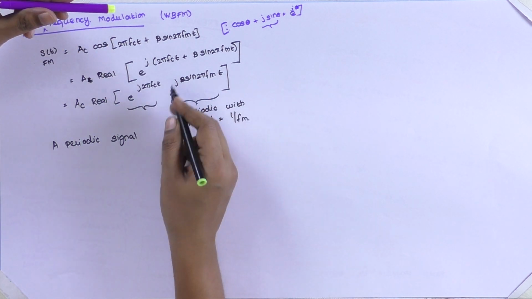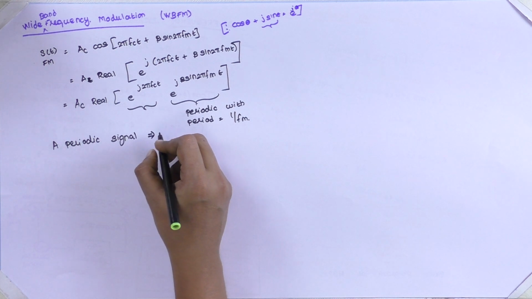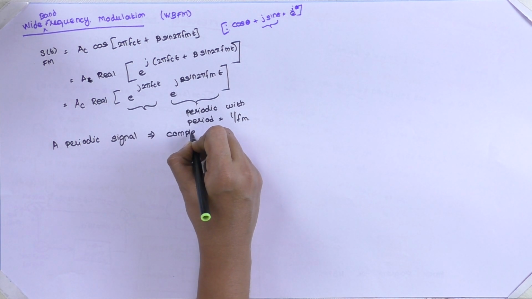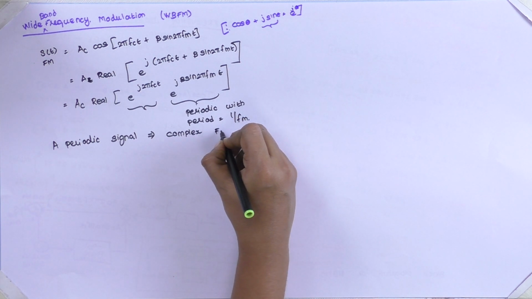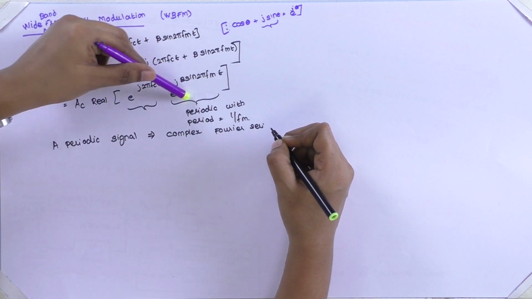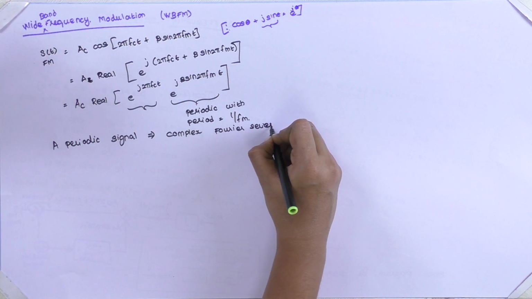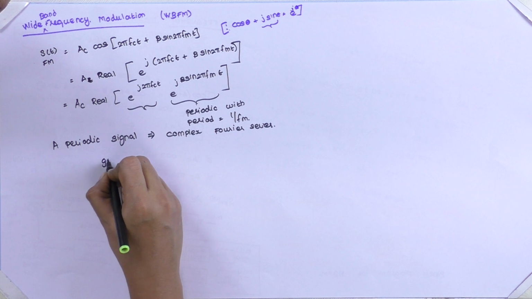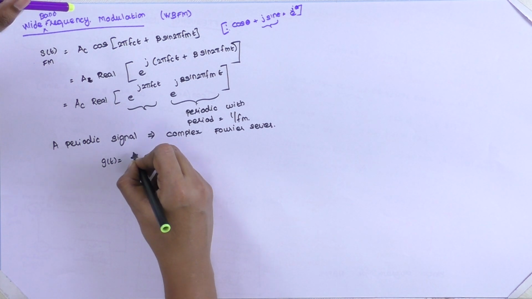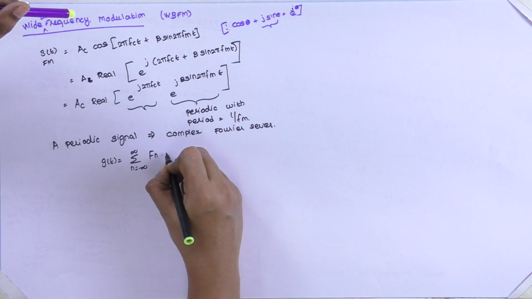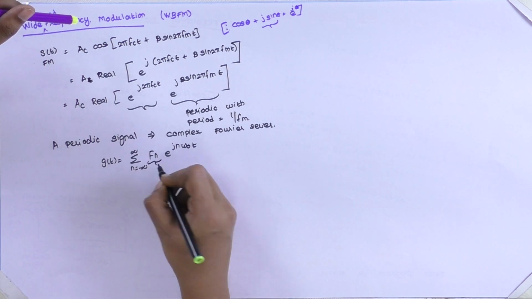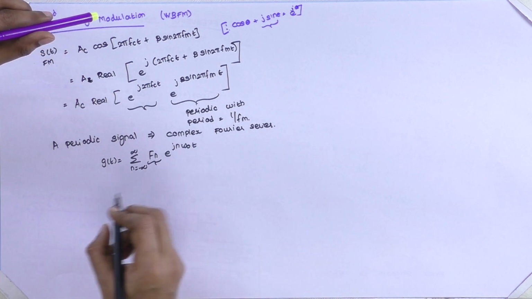If we have a periodic signal, we go for Fourier series expansion. Periodic signals can be explained using the complex Fourier series, since we have a j part here. Therefore, g(t) is equal to the summation over n from minus infinity to plus infinity of Fn e power jn omega naught t. What is Fn? Fn is the Fourier series constant.